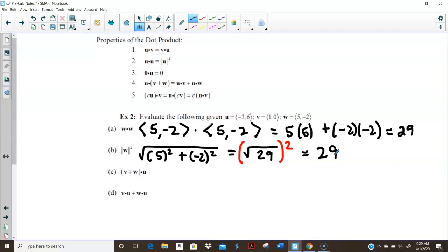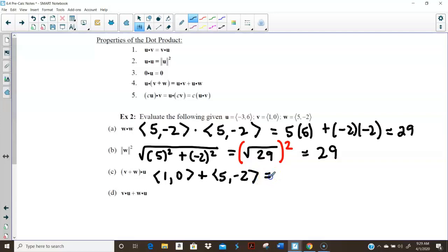All right, the next one we're going to do is look at C and D. C and D is going to show us how number 4 is equivalent. So looking at C, we have v plus w. When you're adding vectors, you start with vector v, which is 1, 0, and add that to vector w, which is 5, -2.